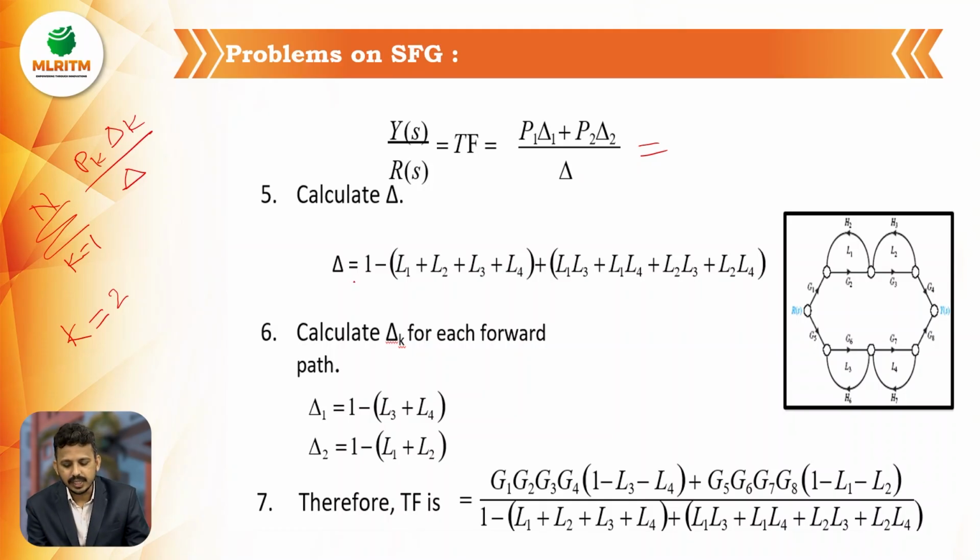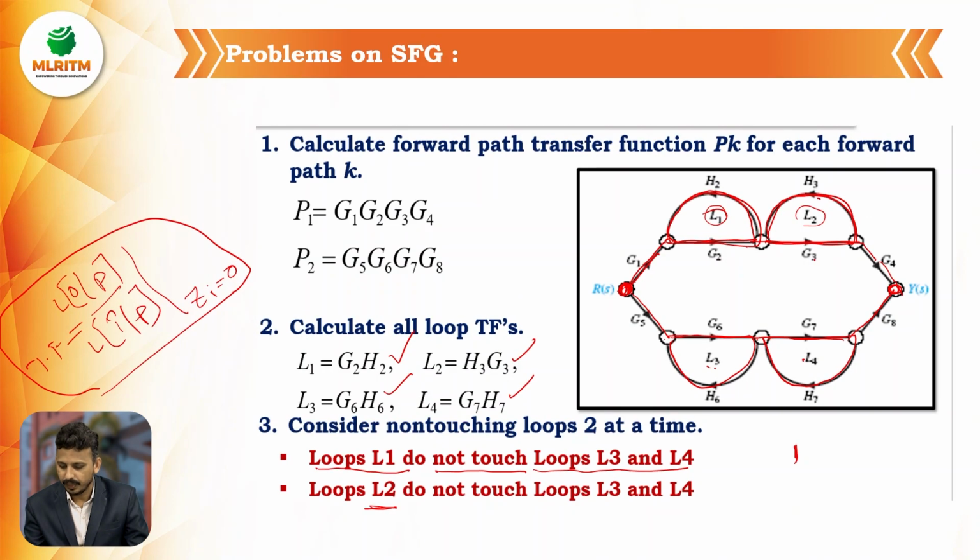So the delta value is, as I told you earlier, 1 minus the sum of individual loop gains plus the sum of two non-touching loop gains. There are 4 non-touching loop pairs. See, L1 is not touching L3 and L4, right?